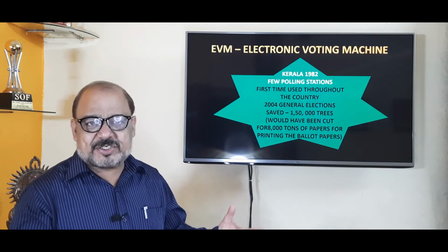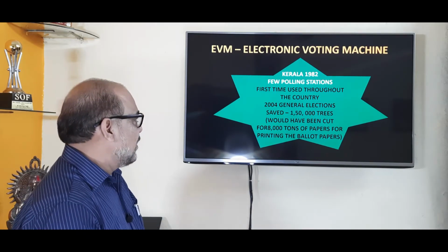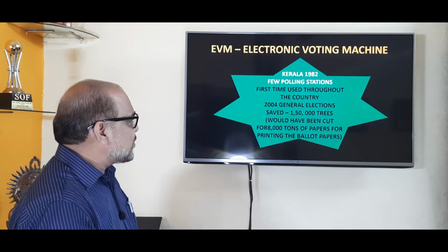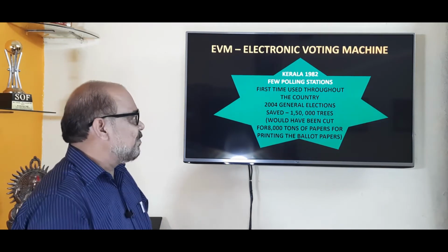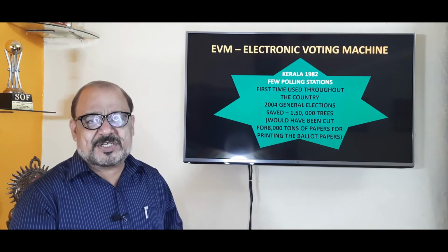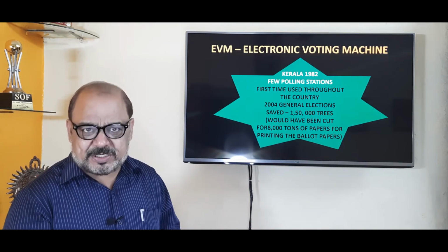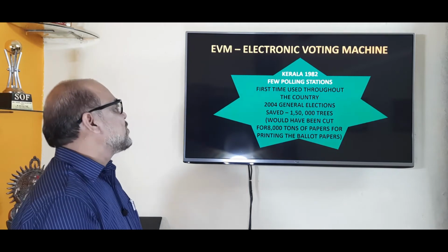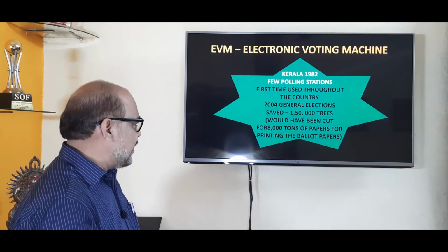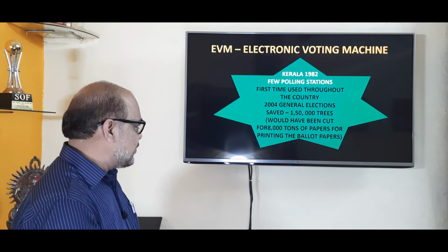The electronic voting machine, EVM. These voting machines were used for the very first time in Kerala in 1982, but on a few polling stations on experimental grounds. But for the first time EVMs were used throughout the country in the 2004 general elections.